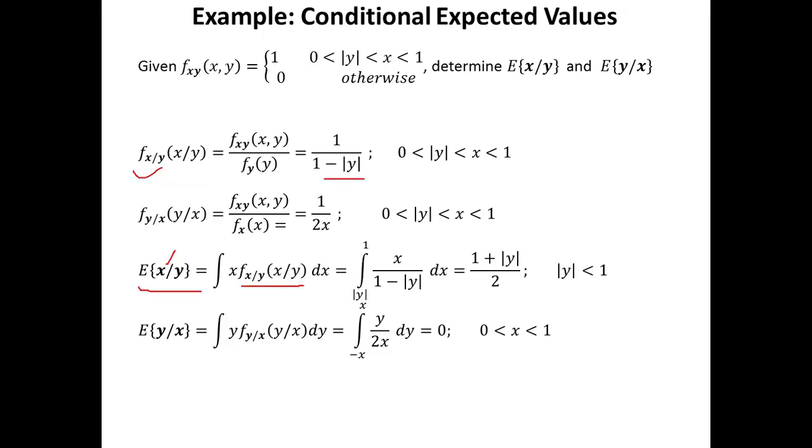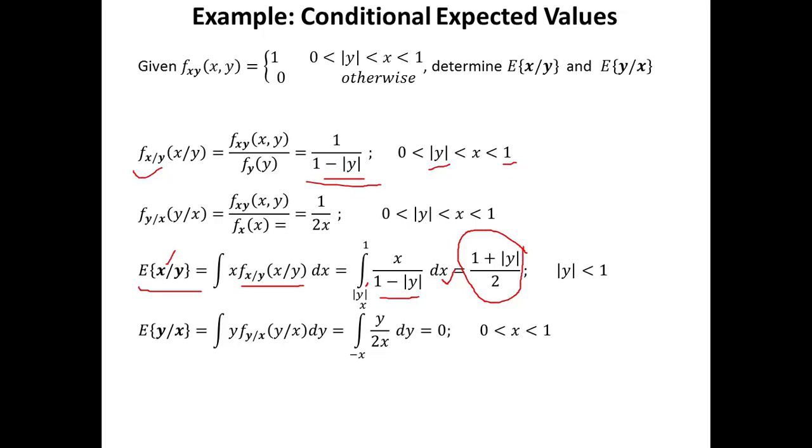Substituting, you get x divided by 1 minus magnitude y, integrated with respect to x from magnitude y to 1, and if you solve it you get the expectation value as 1 plus magnitude y by 2.